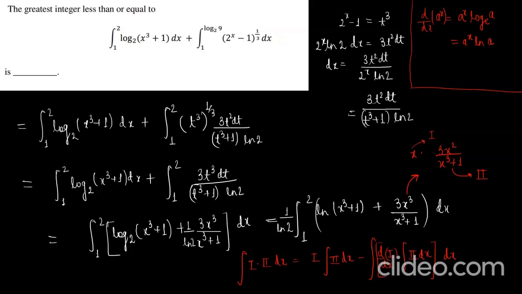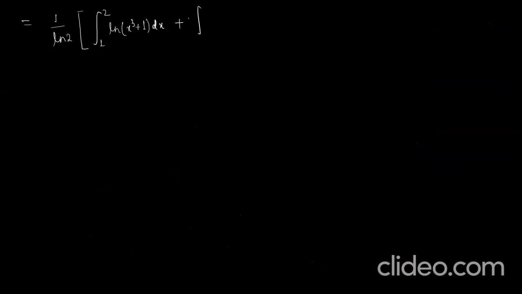The first function is x, and the second function is 3x² upon x³ + 1 dx, minus differentiation of the first, x will escape, and after that let me write it, d/dx of x, and again integration of this 3x² upon x³ + 1 dx, whole of dx.